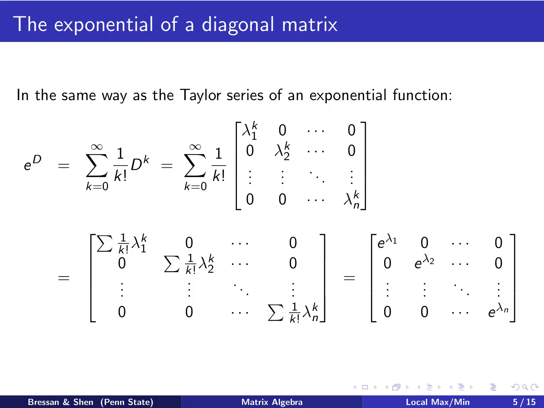And then we see that this summation here, if it exists, is exactly e to the power lambda 1, and this will be e to the lambda 2, and this will be e to the lambda n. So we see again, for a diagonal matrix, the exponential function takes a very simple form. It is also a diagonal matrix where each diagonal is the exponential of the original diagonal in the D matrix.